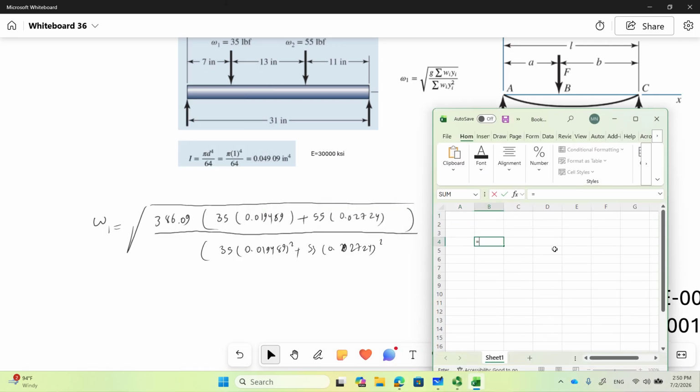Okay, equals SQRT, that's for the radical, 386.09 times 35 times 0.019489 plus 55 times 0.02724 divided by 35 times 0.01489 squared plus 55 times 0.02724 squared. There you go.